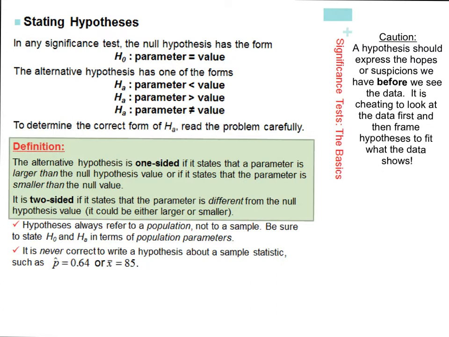If we're really not sure which side to be on for Ha, then we could do a two-sided test and just say not equals the value. And the one we're looking at is a less than because we suspect this free throw shooter, if you read through the context, is claiming to be a little better than they actually are. That's why we think p is possibly less than 0.8.